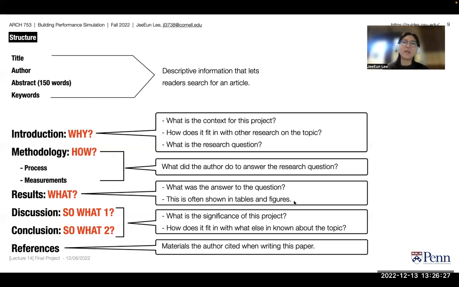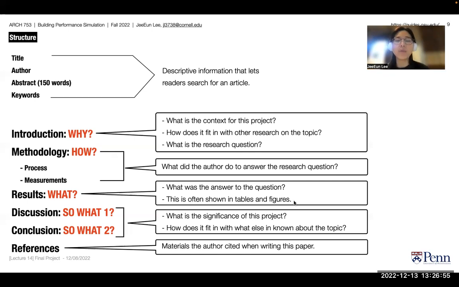This can include the images from Design Explorer and some output values, or you can also compare the baseline and the final selected one. So the result will show what came out of your process based on the measurement you used.